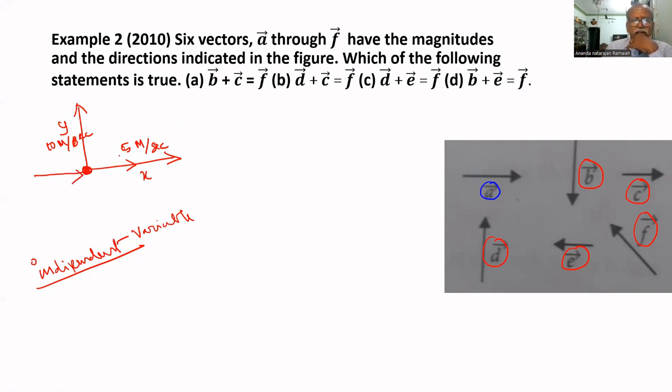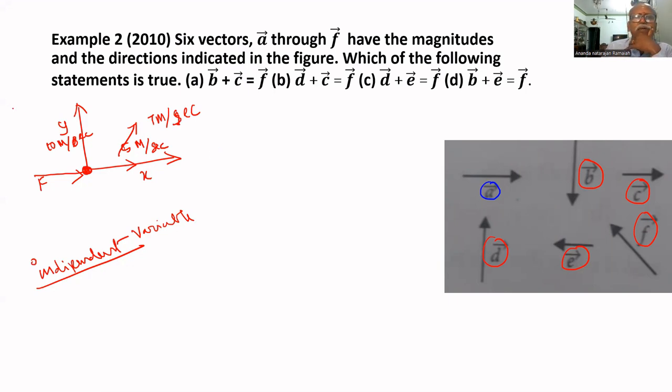Because of that, the 5 is changed to 7 meters per second. I gave additional force on this mass, that's why its velocity along the x direction changed from 5 to 7.